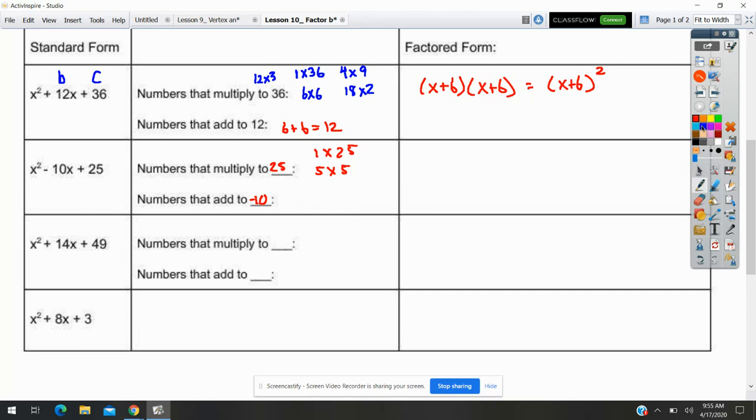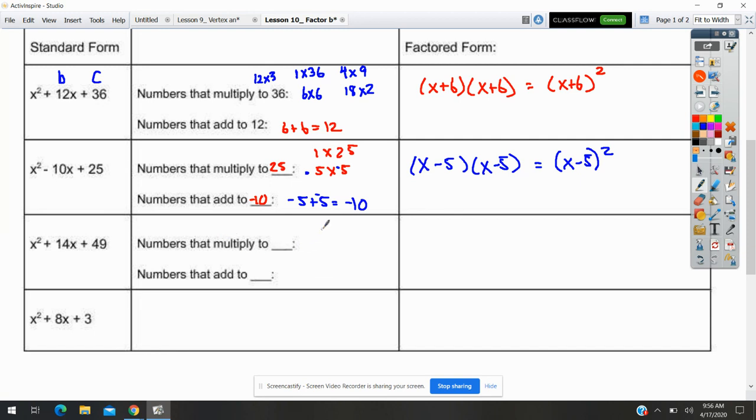So what that tells me is that both of these numbers need to be negative. So 1 and 25 won't work. So that means it's going to have to be negative 5 and negative 5. So we know negative 5 plus negative 5 equals negative 10. And when you multiply it, it gives you 25. So that means our factored form is going to be x minus 5 times x minus 5. And since we're multiplying the same thing by itself, we can rewrite this as x minus 5 squared.